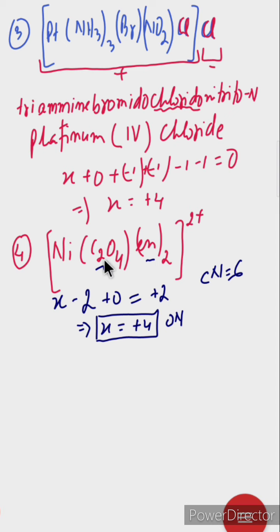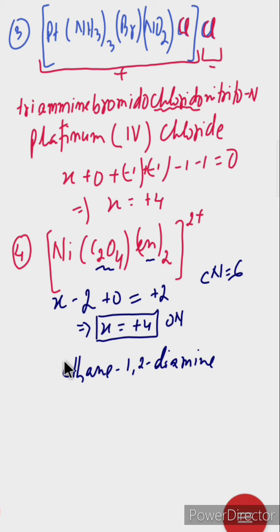Oxalato starts with O. Ethane-1,2-diamine starts with E, so let me write ethane 1,2-diamine. This is en, and how many en molecules are there?